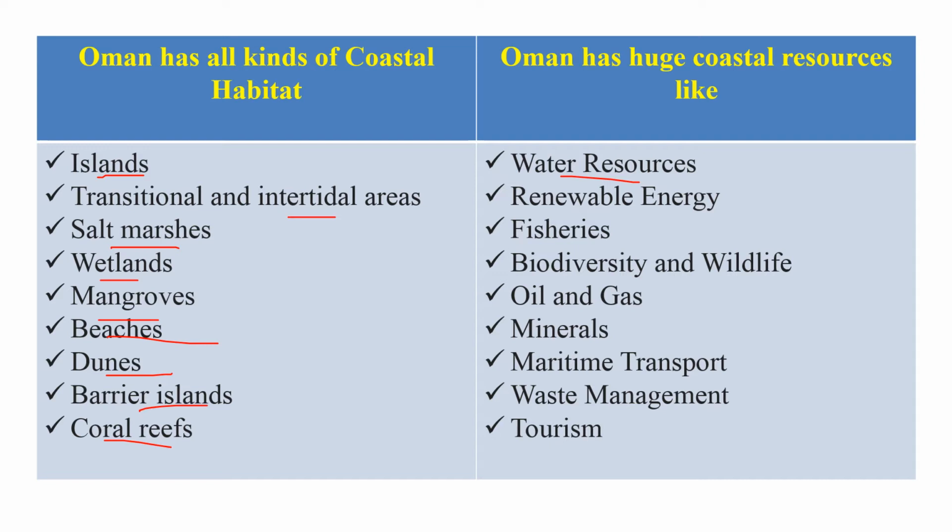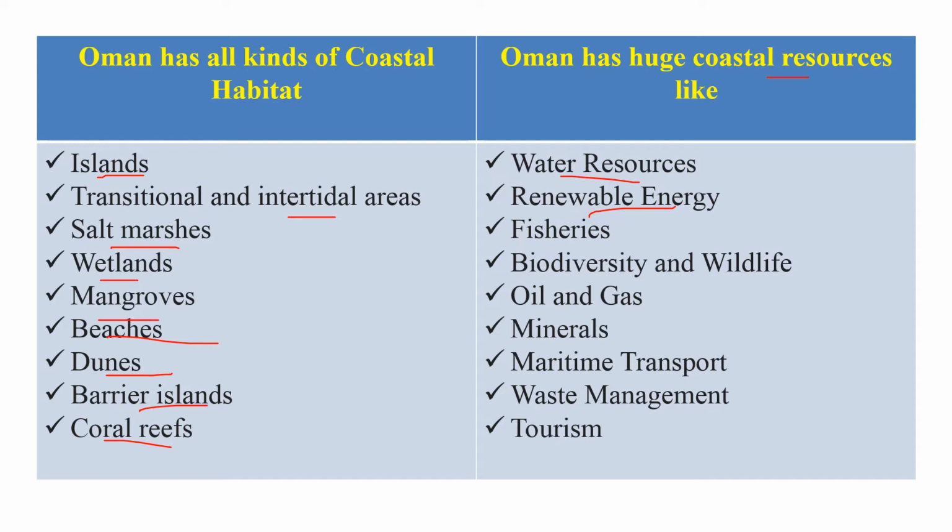So desalination is the main source of water for this country, because this is almost an arid area and groundwater is very scarce, so water resources also come from this coastal area. And then in the ocean, there is renewable energy, it could be tidal energy, it could be wind energy.